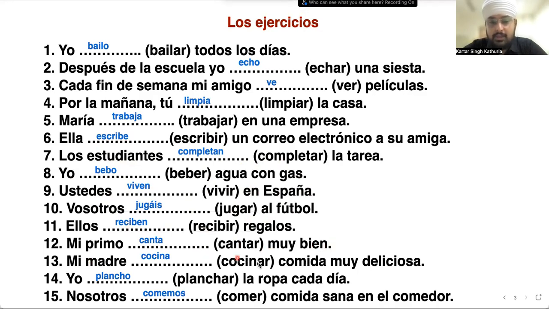Mi madre cocina comida muy deliciosa. Cocinar, to cook, cantar, to sing. My mother cooks very delicious food. Yo plancho la ropa cada día. Planchar is to iron. I iron the clothes each day. Nosotros comemos comida sana en el comedor. We eat healthy food in the dining hall.